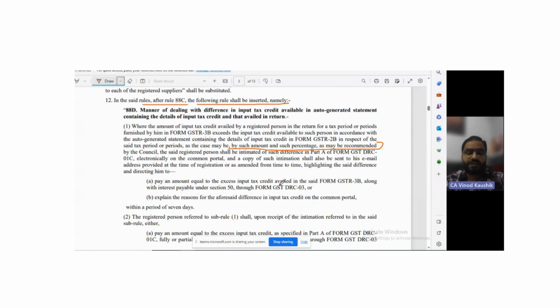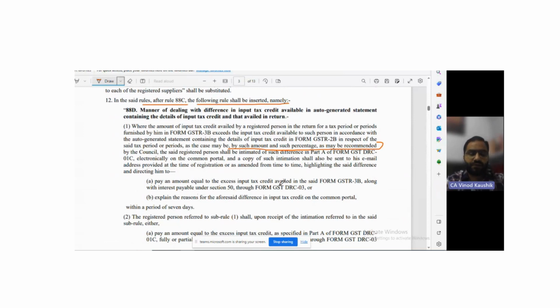You are required to take action on that statement. The first option is that you can accept that difference and pay, or reverse the amount of input tax credit, along with interest under Section 50 at the rate of 18%.